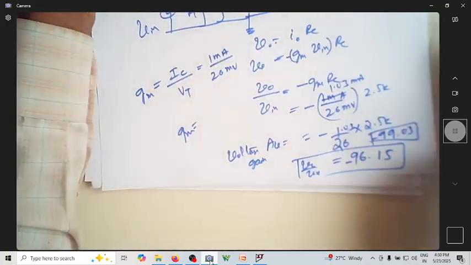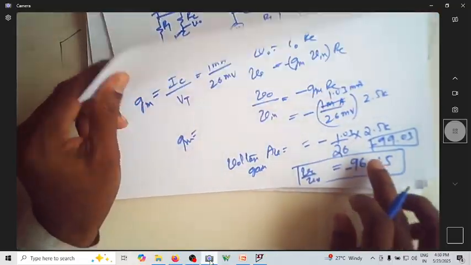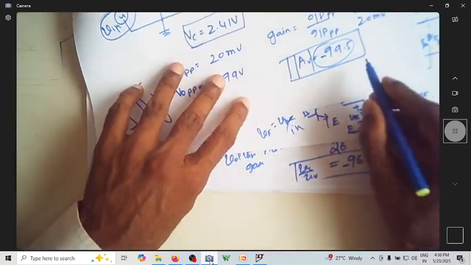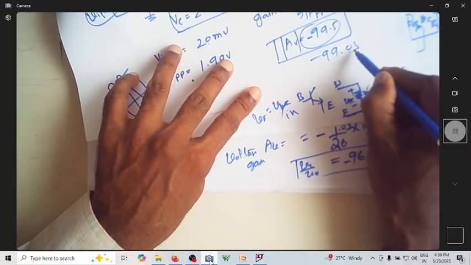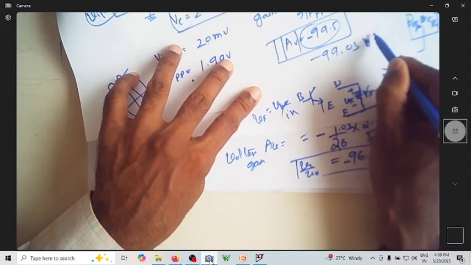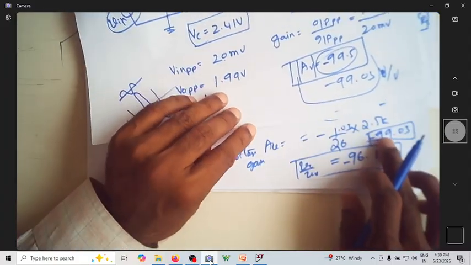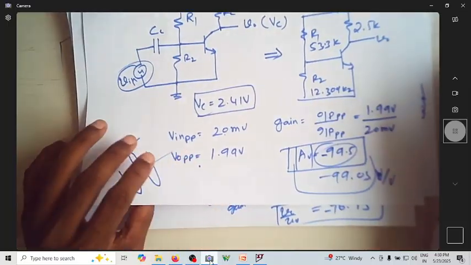Earlier we got 96 if I take it as 1 milliampere, but actually the current is 1.03. So in calculation the gain is minus 99.03 volt per volt, and in your simulation also we got the same gain.